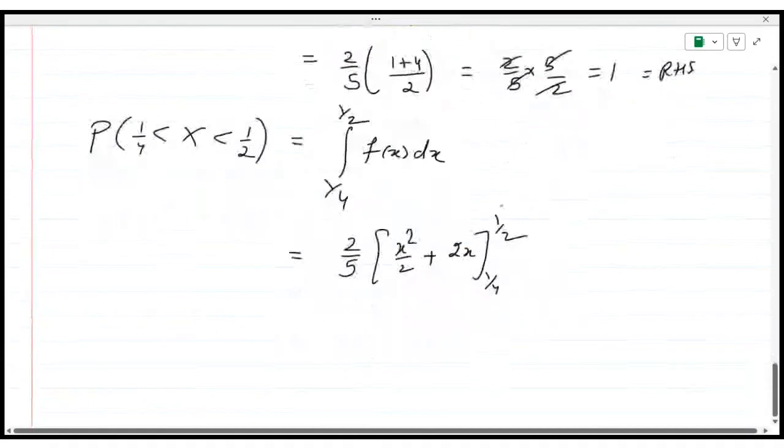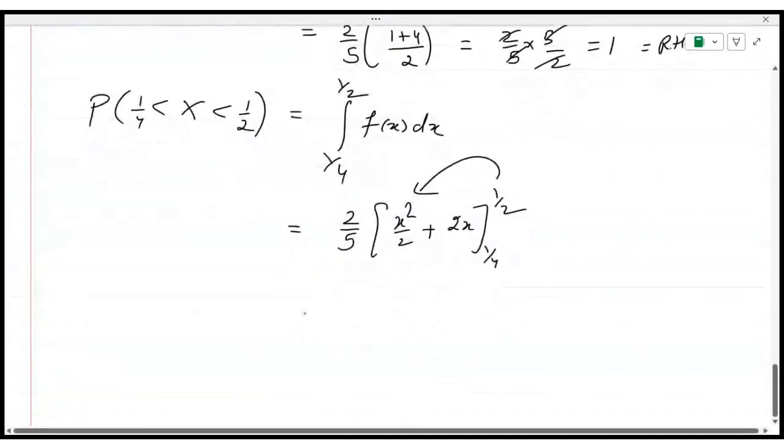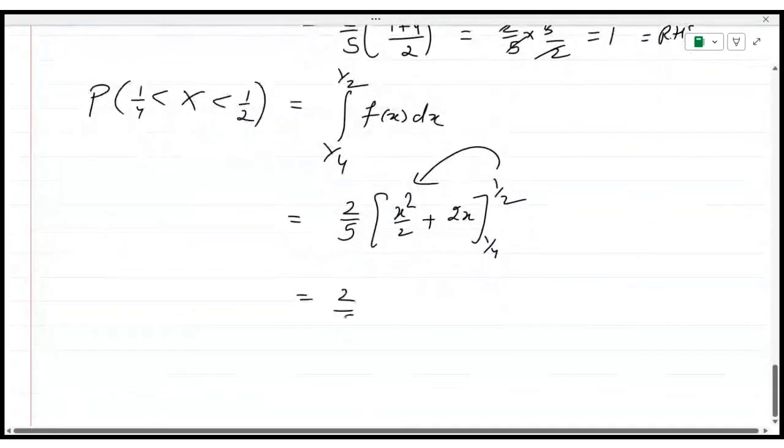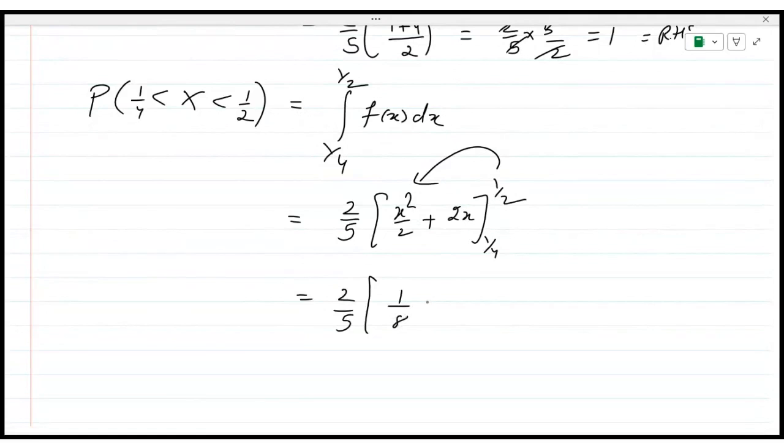Now we will first put the upper limit. If you put 1/2 here, you will get 1/4 into 1/2, 1/8. And if you put 1/2 here, 2 into 1/2 is 1. So upper limit minus lower limit. Now put 1/4 here. So 1/16 into 2, 1/32.